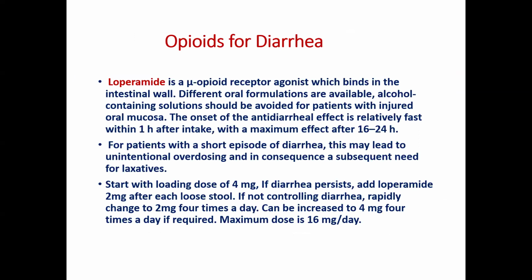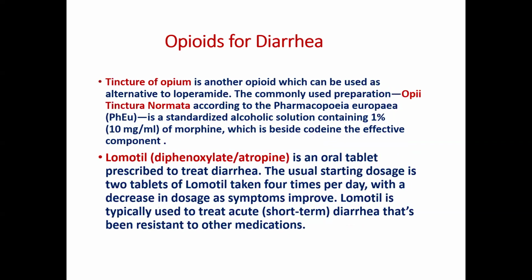There are case reports: loperamide doesn't cross the blood-brain barrier normally, but if you overdose to get some high from it, you can get into torsades de pointes and it can basically kill you. There are case reports of patients overdosing themselves with loperamide. So the maximum dose is basically 16 milligrams per day.